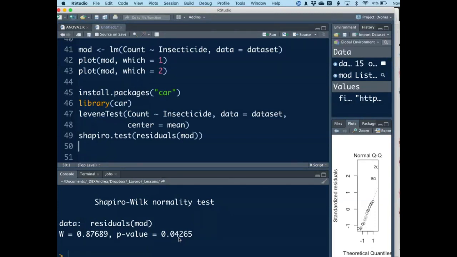So another sign that something is wrong here. Here we are pretty sure. We have counts. The two graphs gave us suspects, and the Levene's test is significant, and the Shapiro test is significant. Everything says that we have a problem here.